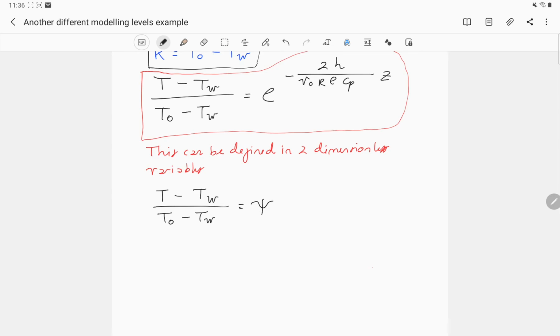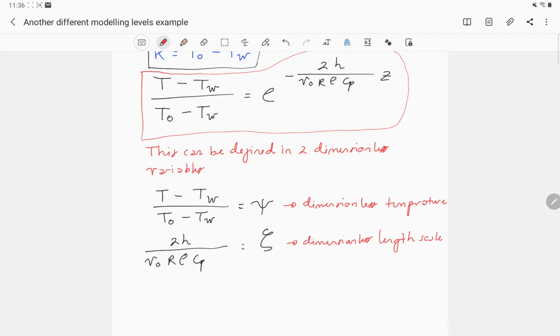I define it equal to this. And then the next one will be 2h divided by V naught R rho Cp. We call the first one a dimensionless temperature. This one in here is a dimensionless length scale.